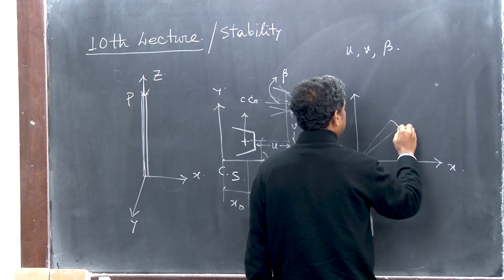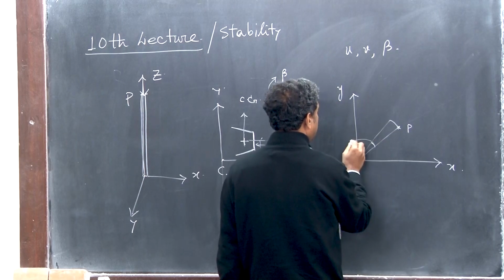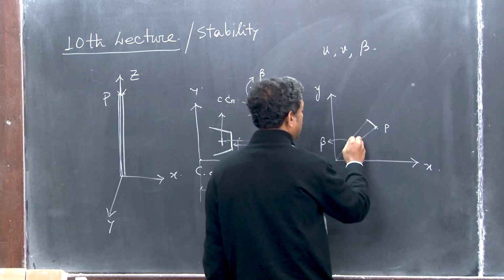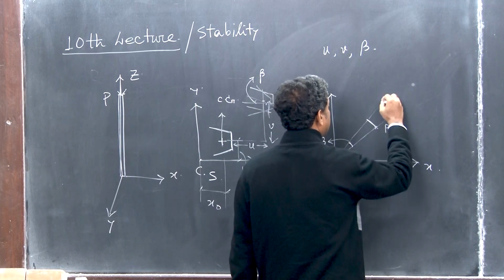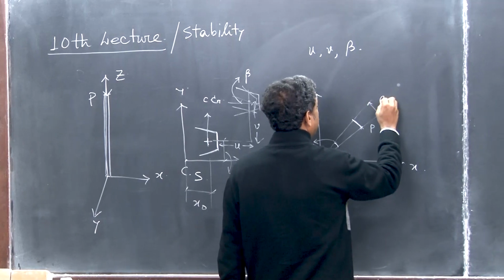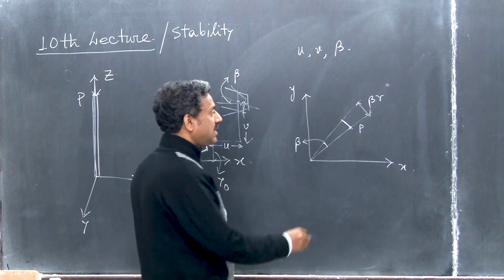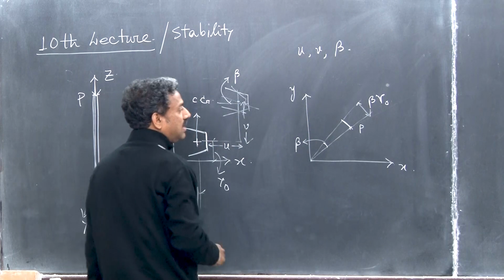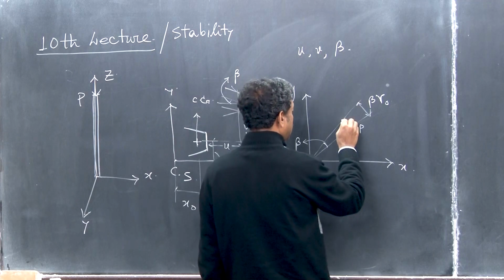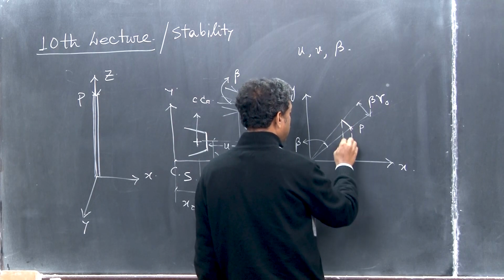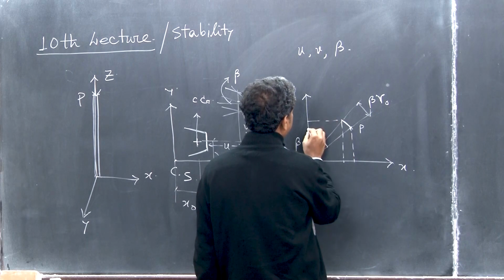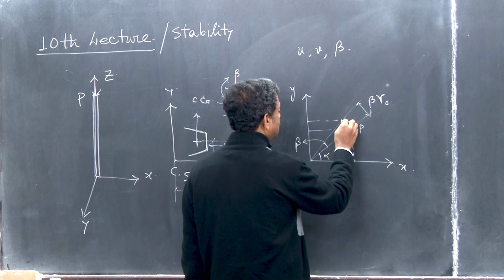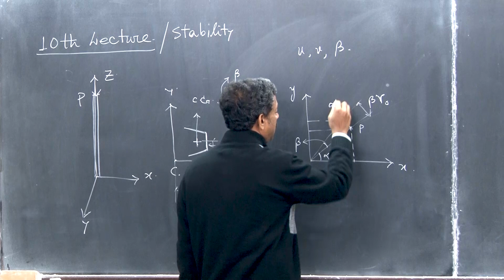On twisting, if this angle is taken as beta, then this curve is approximated by the line, and this length is nothing but beta into r0. Then we dropped perpendiculars on the x and y axes. If this angle is alpha, then this angle is also alpha.